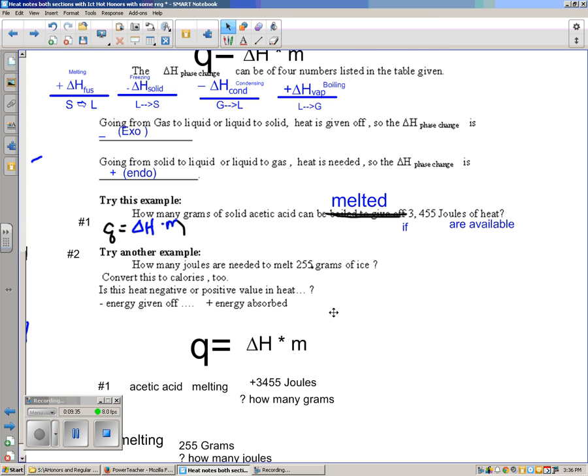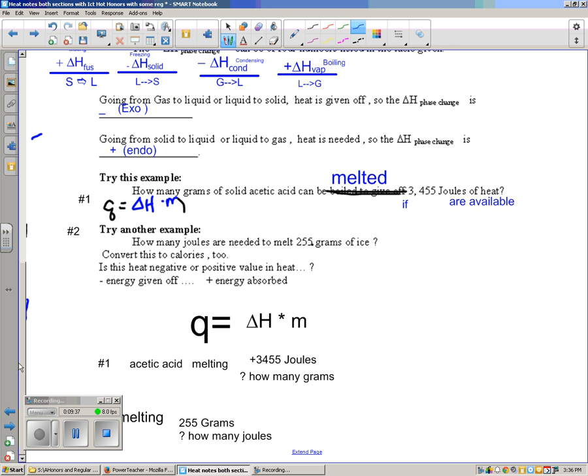But here I have the first problem is 3455 joules, and we're going to put that on the Q, and that's going to equal the delta H that we have to get off the list times the mass. This is what we don't know is the mass, but we have to look up the delta H, and it's going to be of acetic acid.